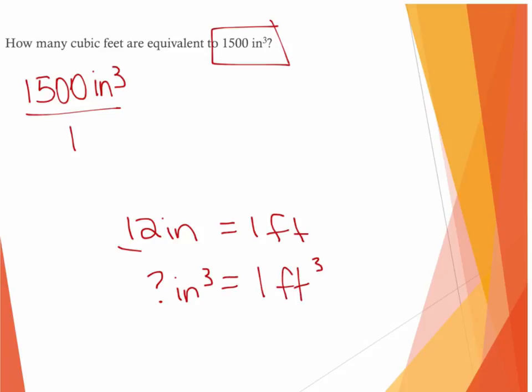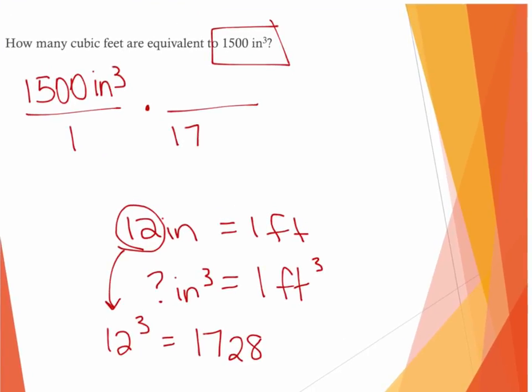So I would take 12 and raise it to the 3rd power, which is 1,728. So I have 1,500 divided by 1,728, which is about 0.87 cubic feet.